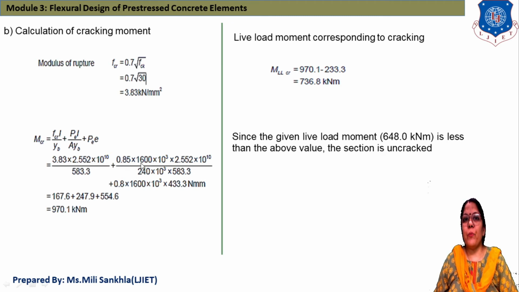0.85 into our P, 1600 into 10 raised to cube, and I is equal to 2.55 into 10 raised to 10, divided by area, that is 2,40,000, and YB is equal to 583.3, and PE means effective force, that is equal to 0.85 into 1600 into 10 raised to cube, and our eccentricity E, that we find out, 433.3.